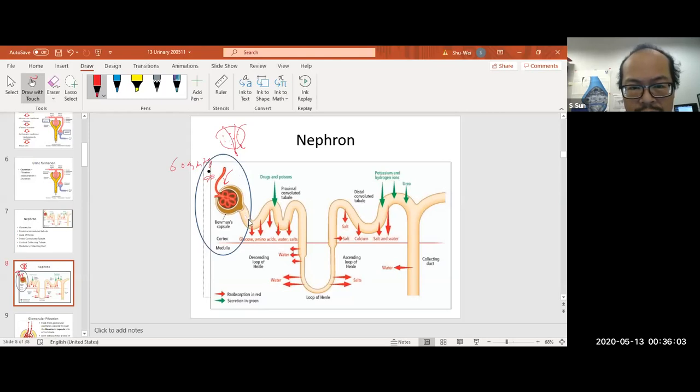And go in here. Everything is not exactly true, not cells. Everything means everything smaller than the monomer. Everything larger than a monomer will stay in the blood. What is a monomer?